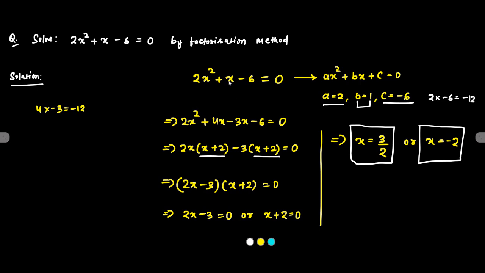So we did it as 4x − 3x. 4 into −3 is equal to −12, which is also equal to the product of the two extreme terms. And we factorized it and we got the two values of x, the roots, the solutions of the quadratic equation.